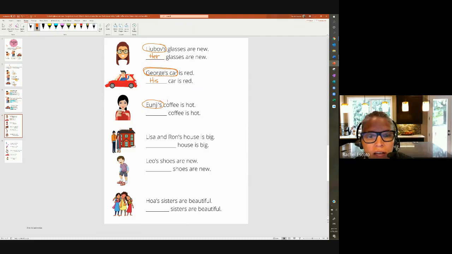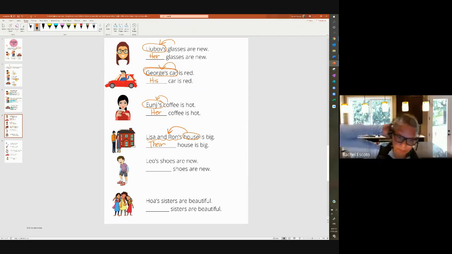Unji's coffee, the coffee that belongs to Unji, is hot, so we say, her coffee is hot. Now we're talking about Lisa and Ron's house. The house that belongs to Lisa and Ron is big, and Lisa and Ron are they, so this is their house.